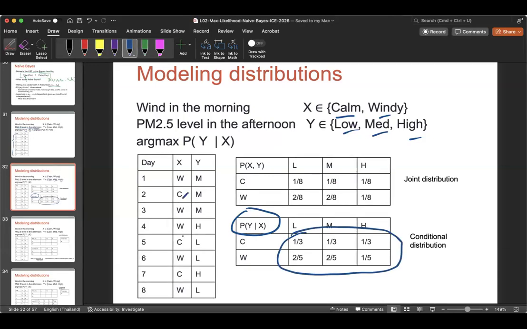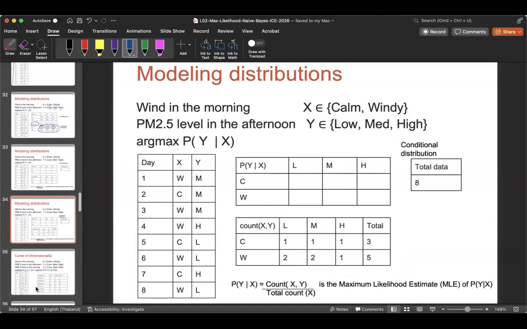There are three calm winds, and one of them is low PM, so it's 1/3. One of them is medium. One of them is high. So you can just count the numbers. That's the maximum likelihood estimate of the probability distribution.